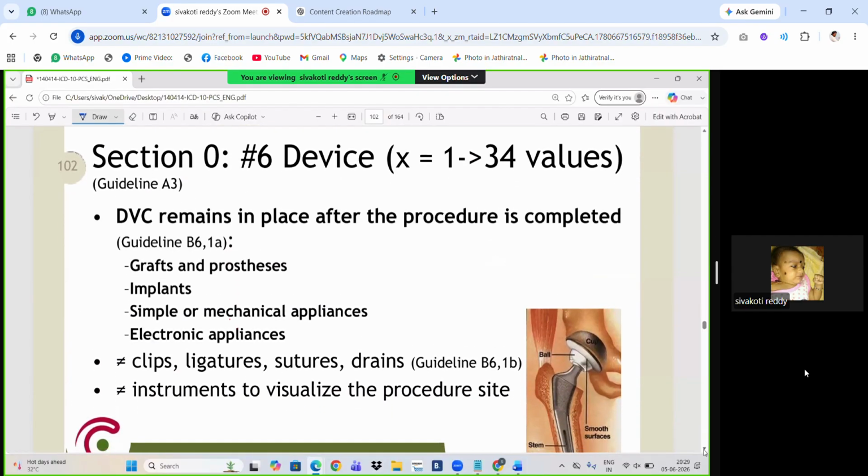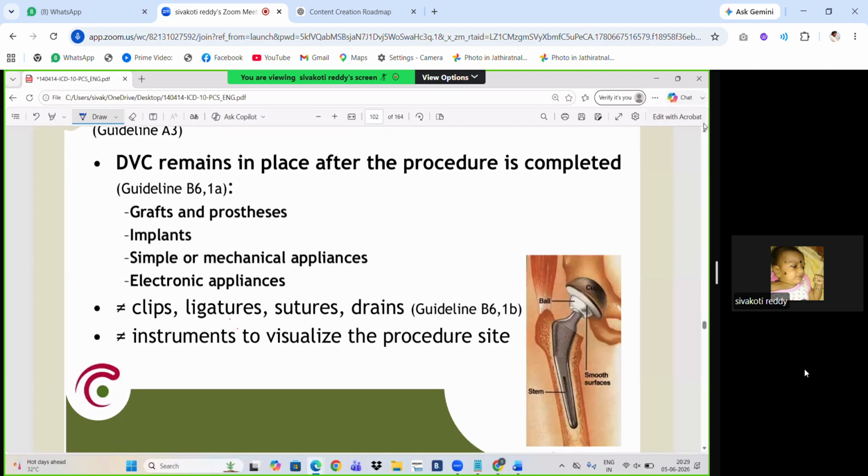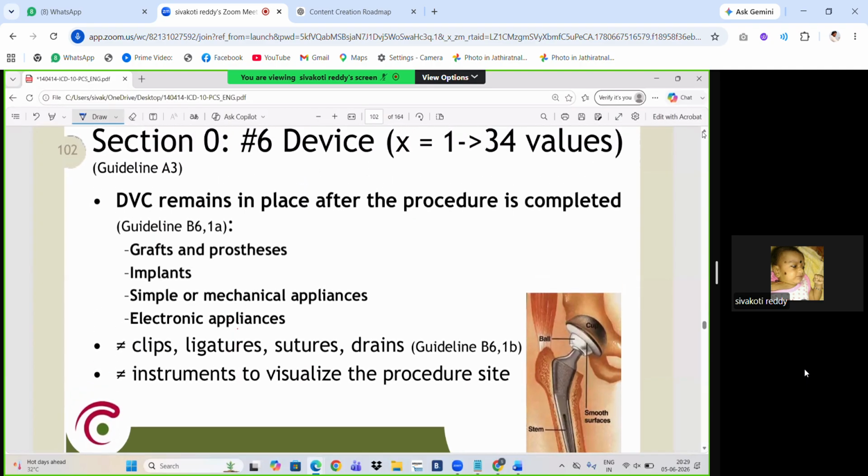What is the meaning of device, guys? Generally, a device remains in place after the procedure is completed. It should be in our body after the completion of the procedure, like external appliances.